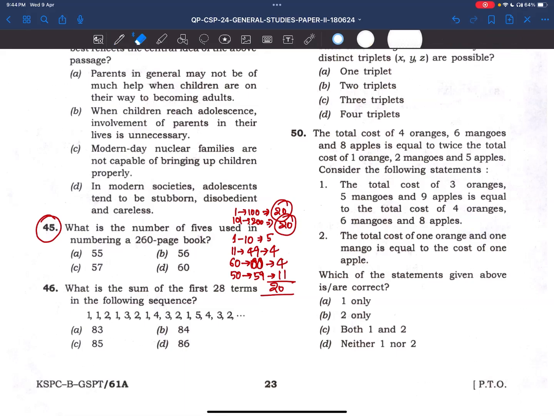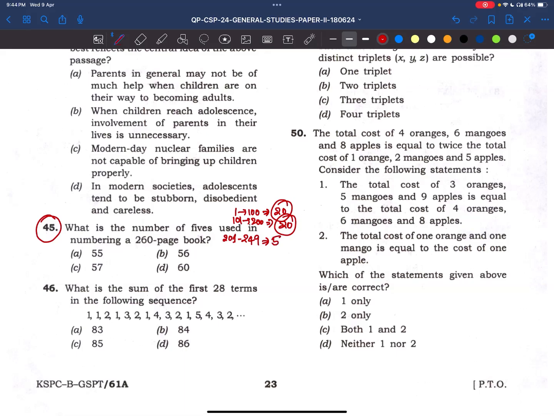No. He's telling a 260-page book, right? That means, see here, let this be 201. From 201 to 249, how many fives will be there? 5, 15, 25, 35, 45.